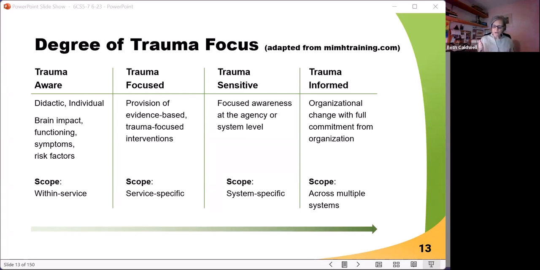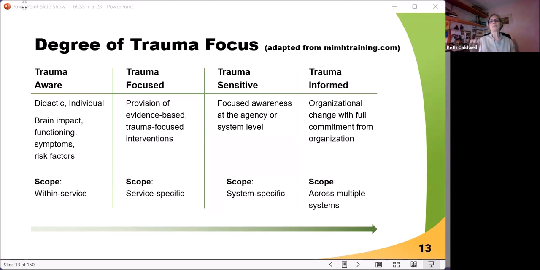I'm going to be in the Guinness Book of World Records for having visited the most residential programs. And I found programs where the clinical staff are implementing evidence-based trauma-focused treatment interventions, but they have extremely high rates of restraints because the rest of the organization has not really taken up this issue of trauma. It's almost more important to get to trauma informed, where the organization is really committed to this entire framework. Just doing one piece isn't going to be enough.